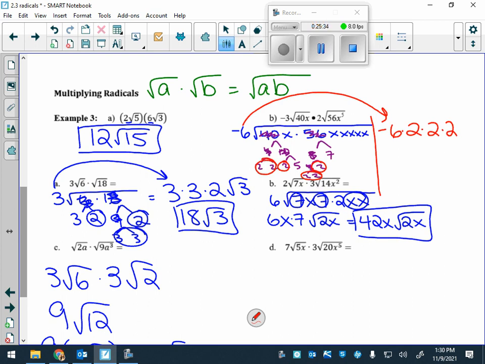Then what else do you see? Danielle? X cubed. I have 1, 2, 3, x cubed. Okay, so I'm just going to combine those. -6, what do I get here? Times 2, times 2, times 2. Yep. So right now I have -48 x cubed.